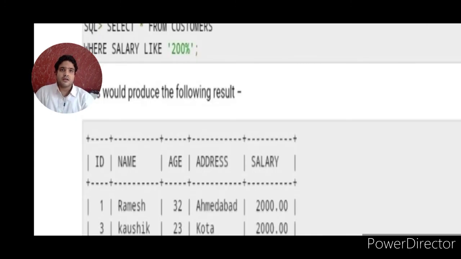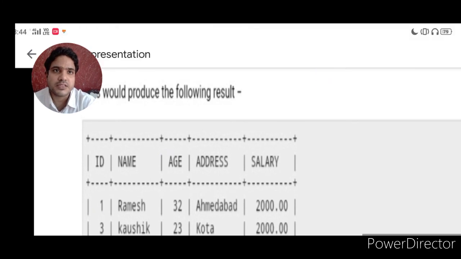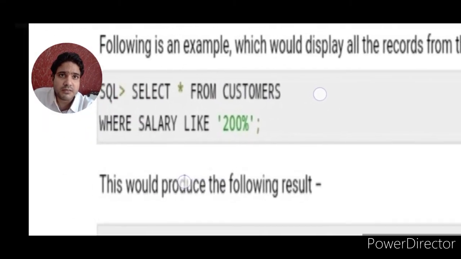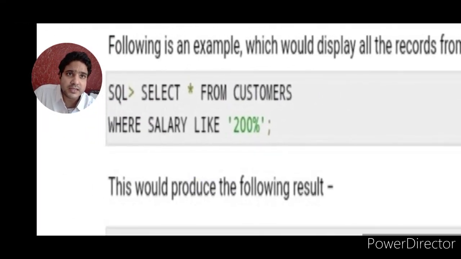Now this is the example. Suppose you see the customer table where the salary is. We take the example: SQL select asterisk from customer, and all information will be received from the customer where salary like '200%', which means salaries that contain 200.